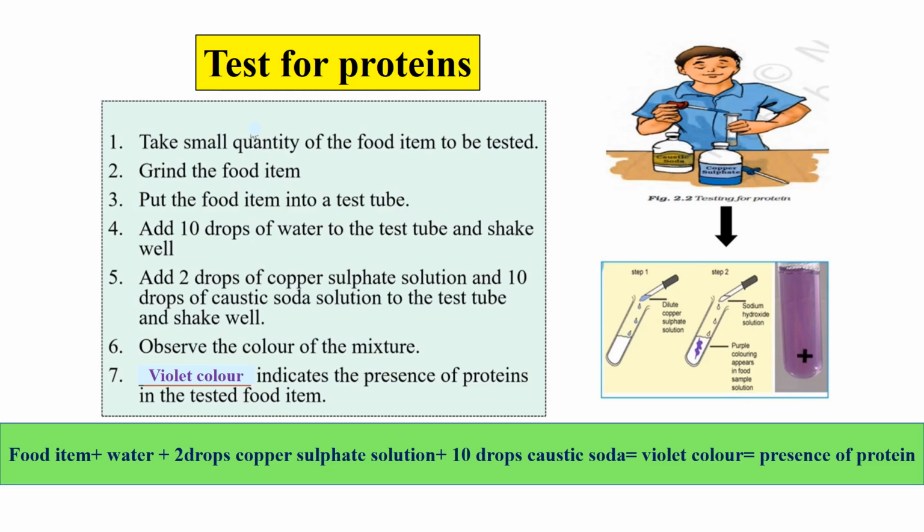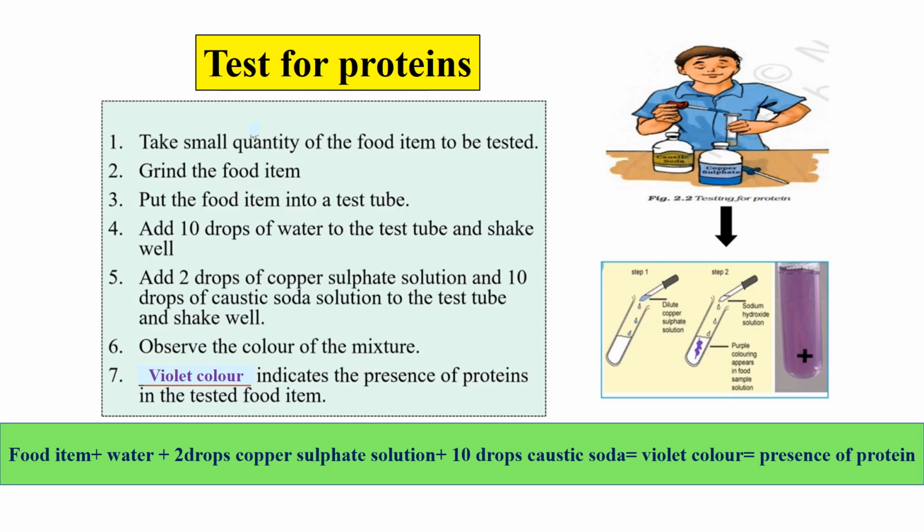You can see the picture, it is also in your book, so you can see how it is done. 10 drops of water are added to the test tube with the food and shaken well, and after that 2 drops of copper sulfate solution and 10 drops of caustic soda solution are added to the test tube and shaken well.